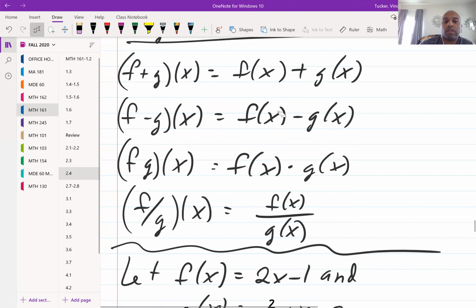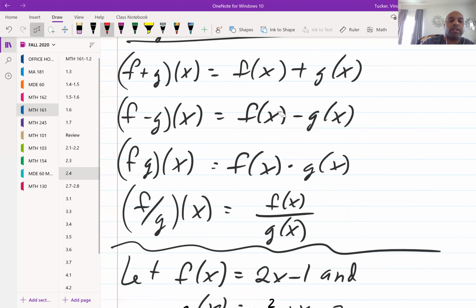So basically if you see f plus g of x, you're going to add those functions, f minus g of x, subtract them, multiply, and divide.